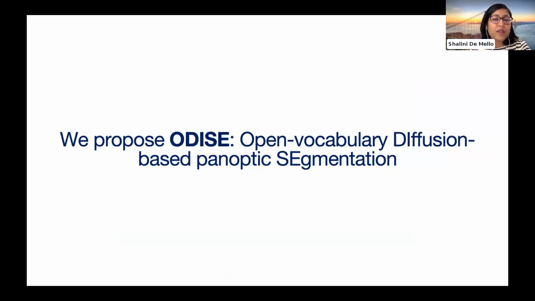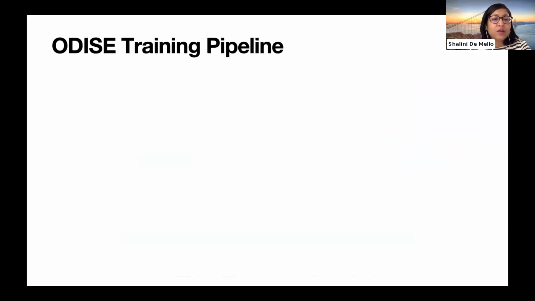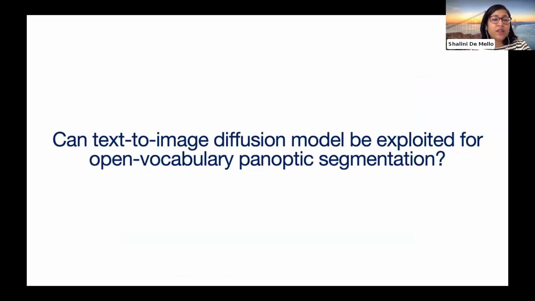And our model, as I mentioned, we call it ODISE. So I want to make a differentiation here. In the previous task, we explored zero-shot segmentation, which is, we have no segmentation labels at all, can segmentation or grouping emerge, and can we perform segmentation on any category in a zero-shot manner?